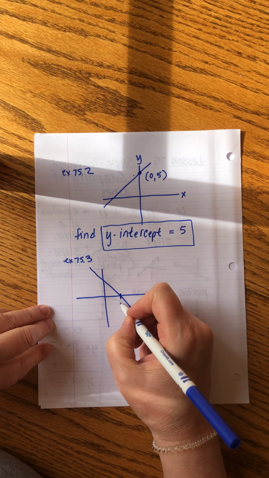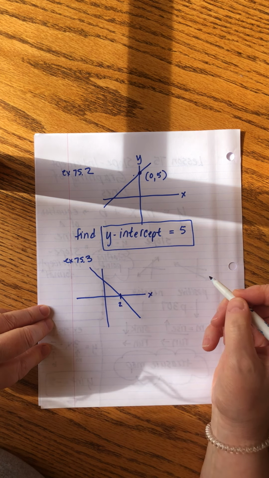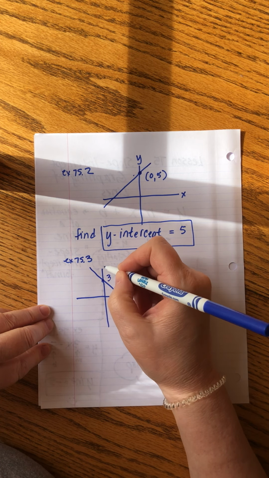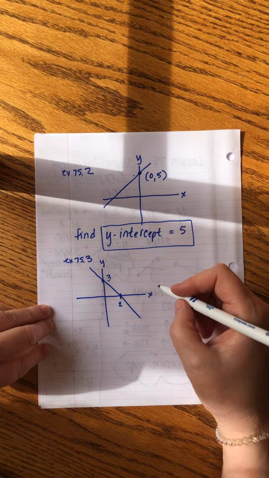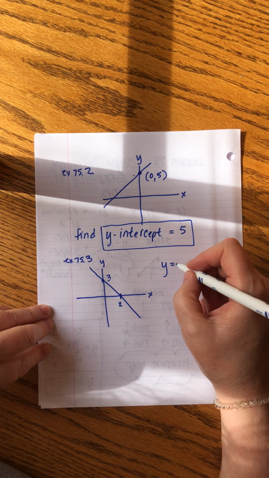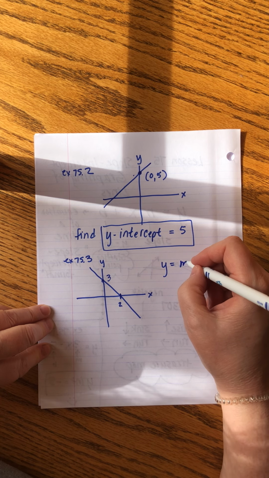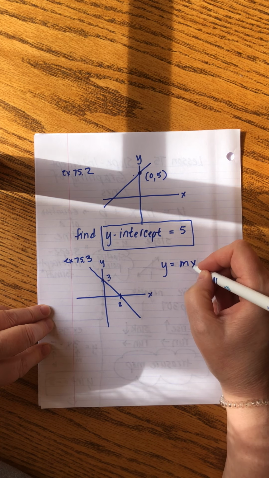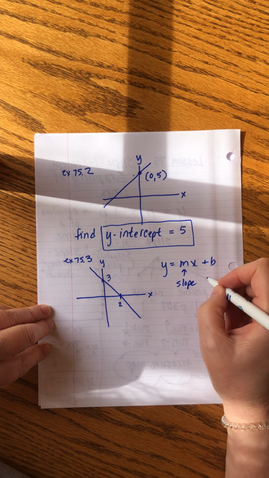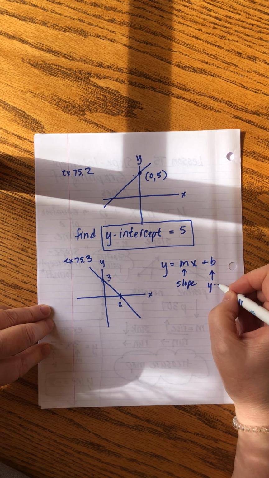This point is 2 on the x-axis. This point is 3 on the y-axis. He wants us to find the whole equation of this line. We know it has to take this format, y equals mx plus b. We know that this is going to be our slope, and this is going to be our y-intercept.